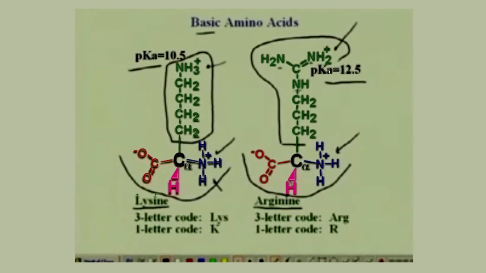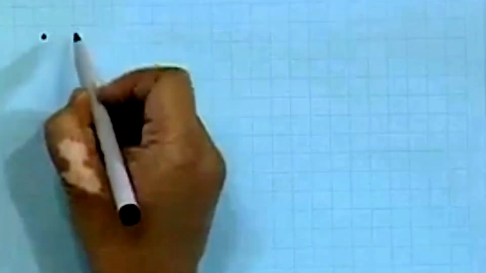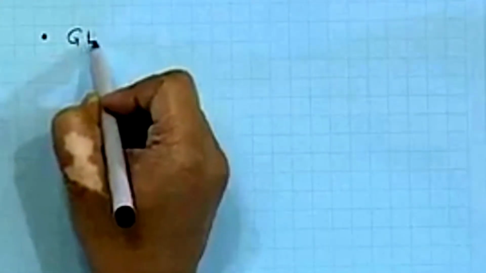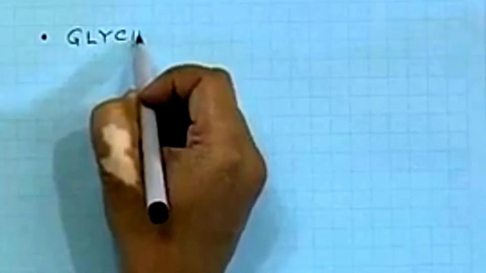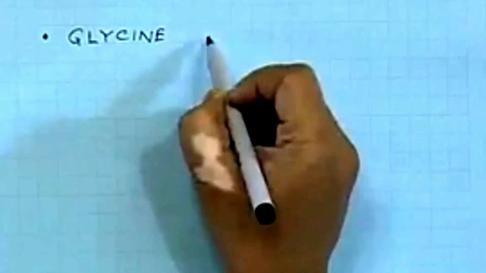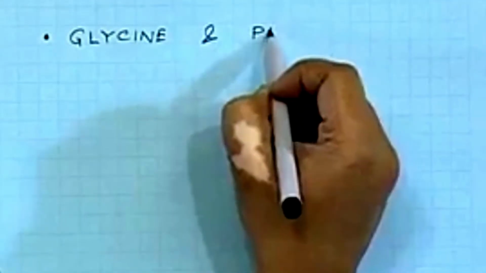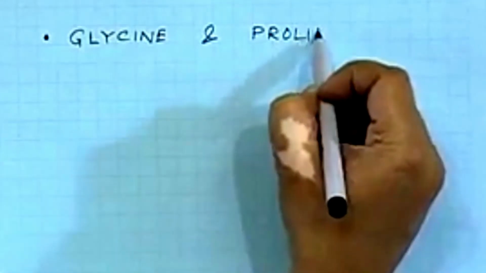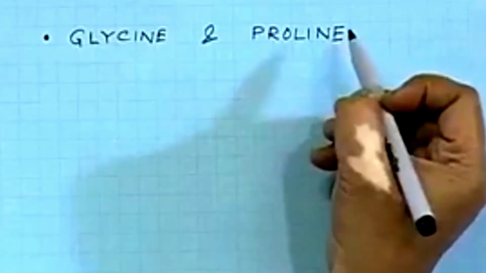So, if we look at the different structures of the amino acids that we considered, we have specific groupings. The groupings are the polar amino acids. So, we have in a group by itself glycine and proline because of the uniqueness in their properties.